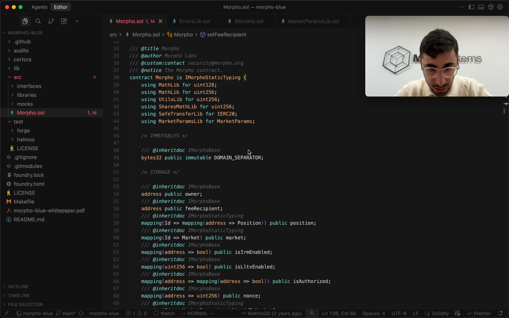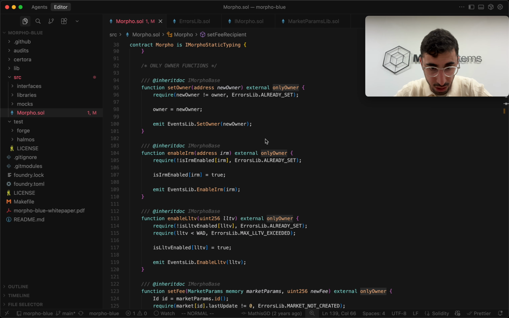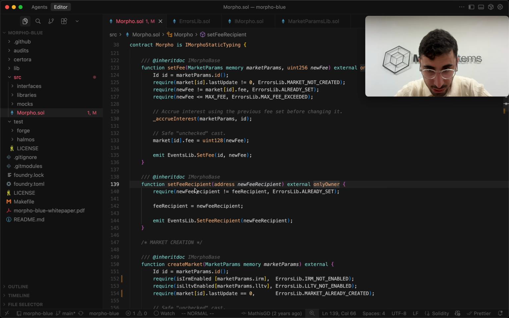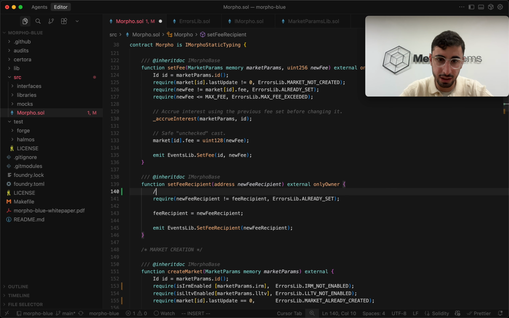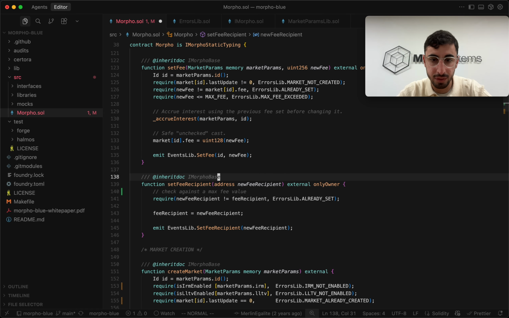Obviously, they cap it. So if we look at set fee recipient, actually there is no cap. No. Could be 100%. So normally what you check here, check against a max fee value. It's kind of best practice.